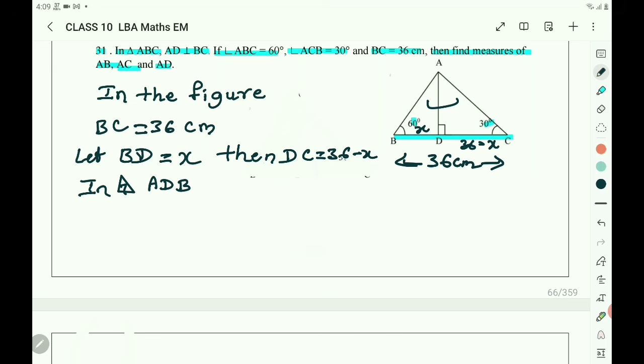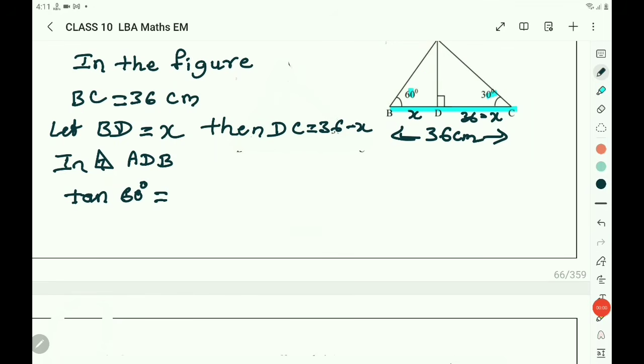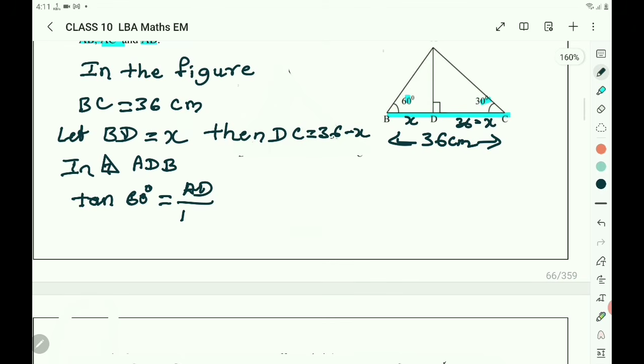in the right angle triangle ADB, for 60 degree, we have taken BD equal to x. For 60 degree, AD is the opposite side and BD is the adjacent side. Which trigonometric ratio has opposite side by adjacent side? That is tan theta. You write tan 60 equals opposite side AD by adjacent side BD.